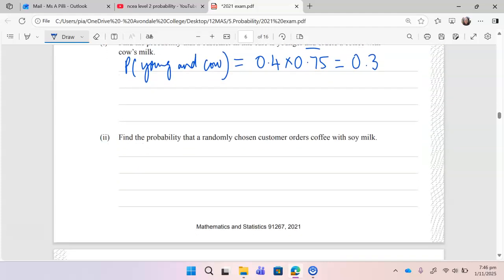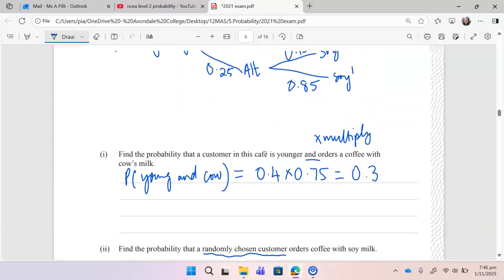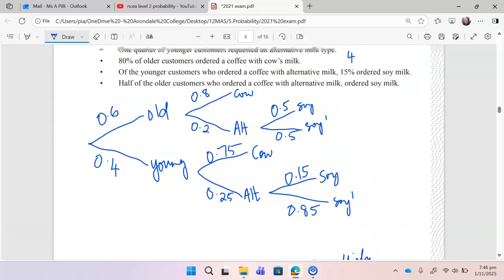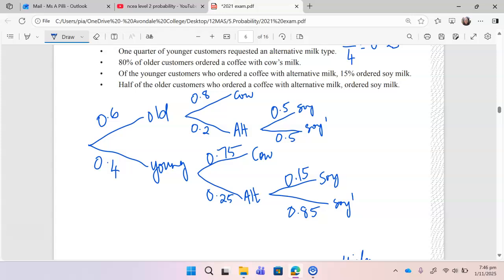Next question, find the probability that a customer orders coffee with soy milk. So see how they've said randomly chosen customer. They did not say whether they're old or young. So it could be old or it could be young. So the keyword being or. When you see the word or, you add.